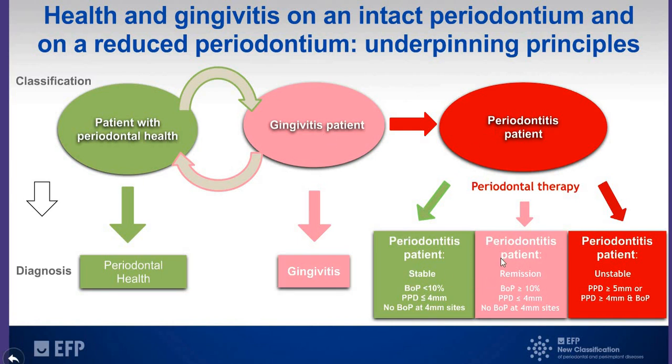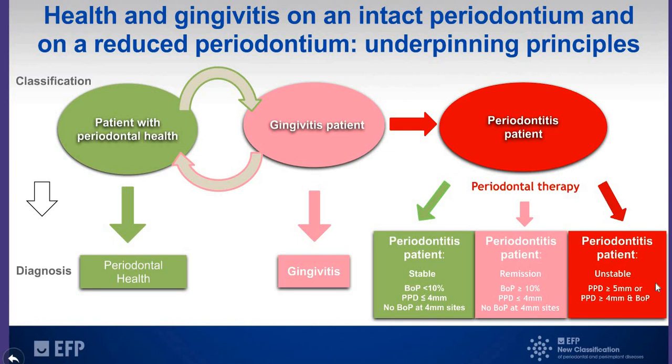But in case of gingivitis, we say this case is gingivitis on reduced periodontium, on previously existing periodontitis, when we have bleeding on probing more than 10%, and the pockets still should be 4 or less than 4, and still there shouldn't be bleeding on probing at the 4 millimeter sites.